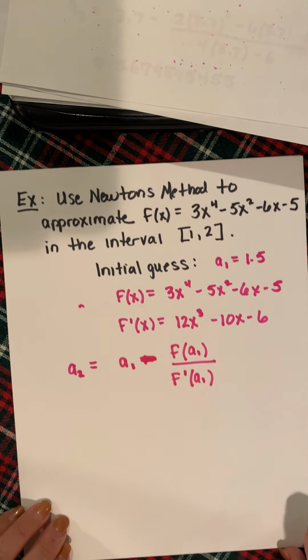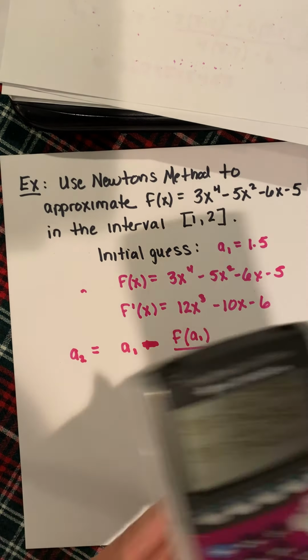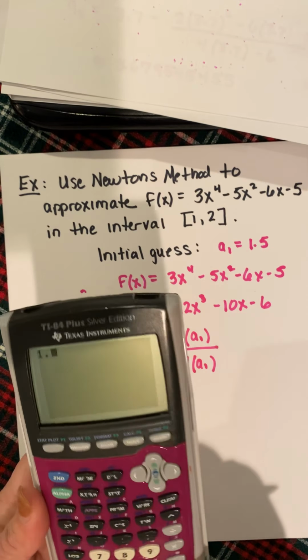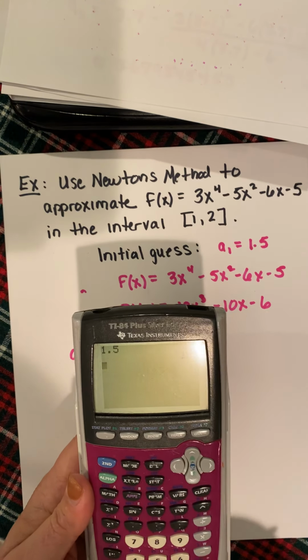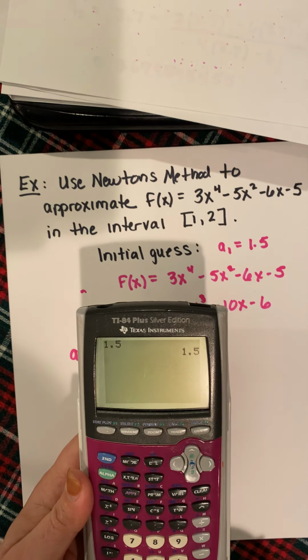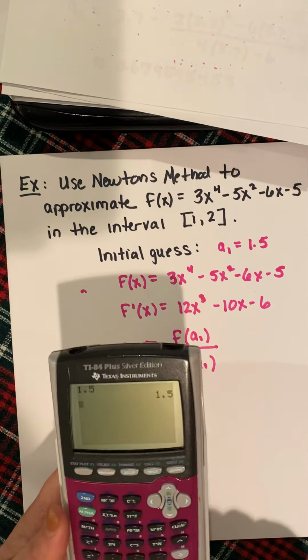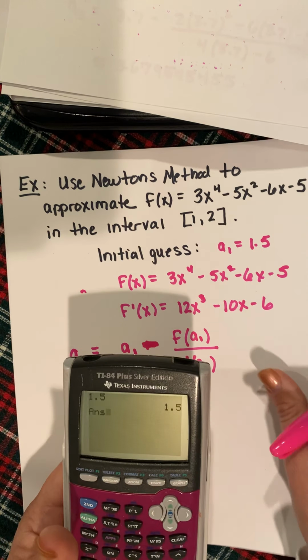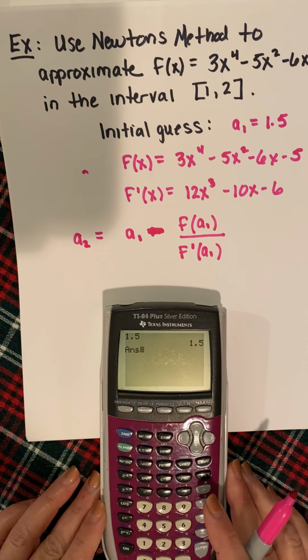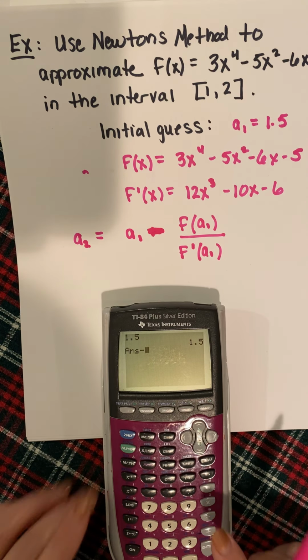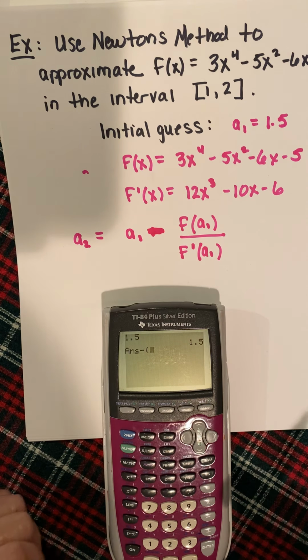So I'm going to do this right in my calculator from the get-go. I'm going to clear it. I'm going to do 1.5. I'm going to hit enter. So that's now my answer. And I'm going to now do that answer minus the function evaluated at the answer. Make sure you put the whole thing in parentheses.